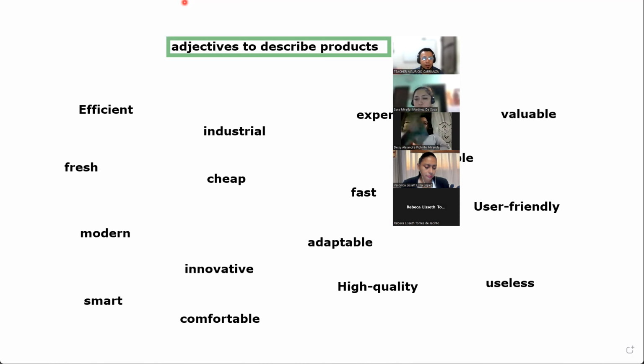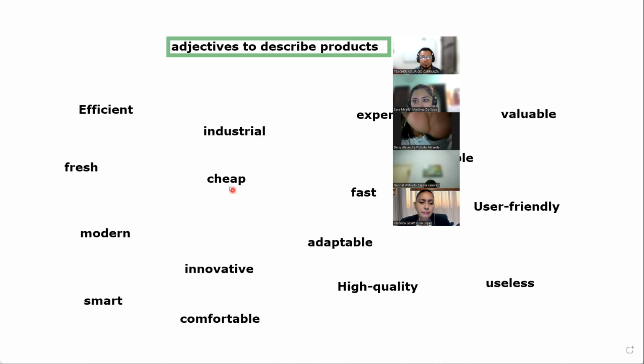By now, I want you to repeat after me. We're going to check the pronunciation. So repeat, please. Efficient. Fresh. Modern. Smart. Industrial. Cheap. Innovative. Comfortable.